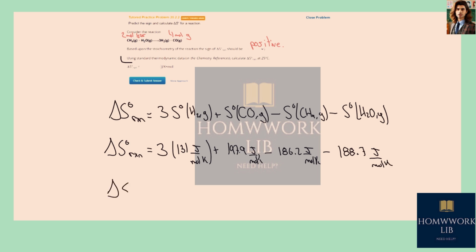So the delta S for this reaction is going to be equal to 216 joules per mole Kelvin. And with that, it would be all.